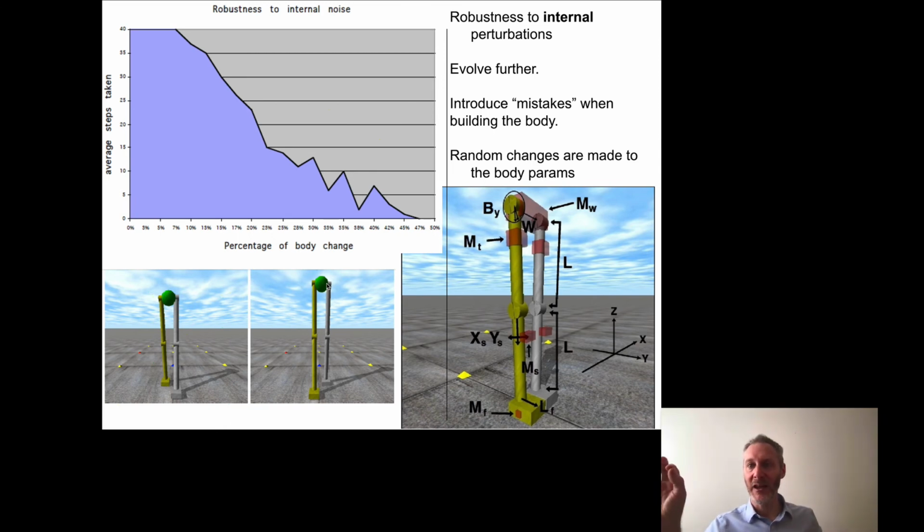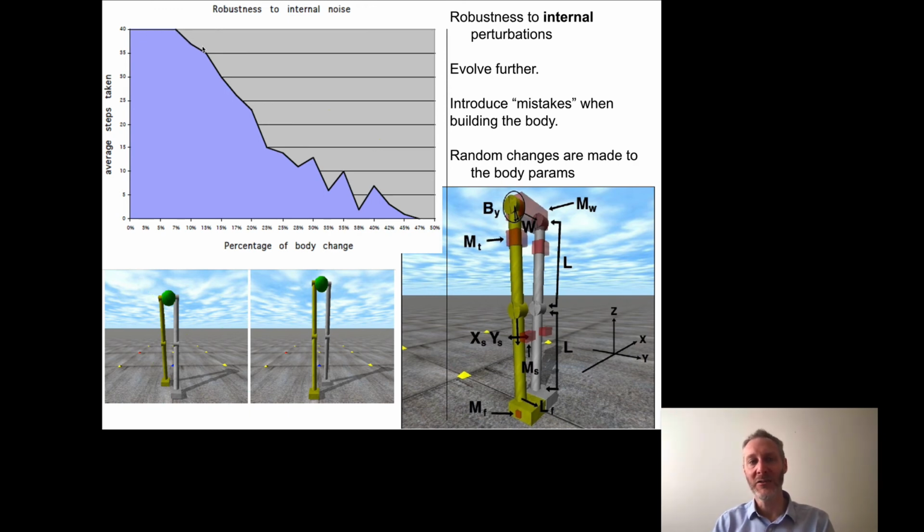At the end of the fifth phase, they extracted the genome that had the highest fitness. They used that genome to reconstruct the robot many, many times. And during reconstruction, or during manufacture, they introduced more errors over time. So up to 7% manufacturing error, the robot was still able to move, it was still able to take 40 steps.